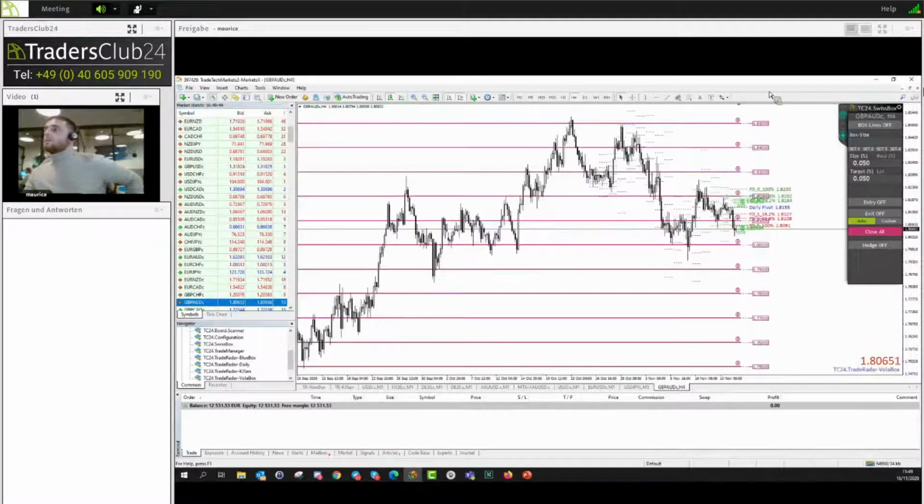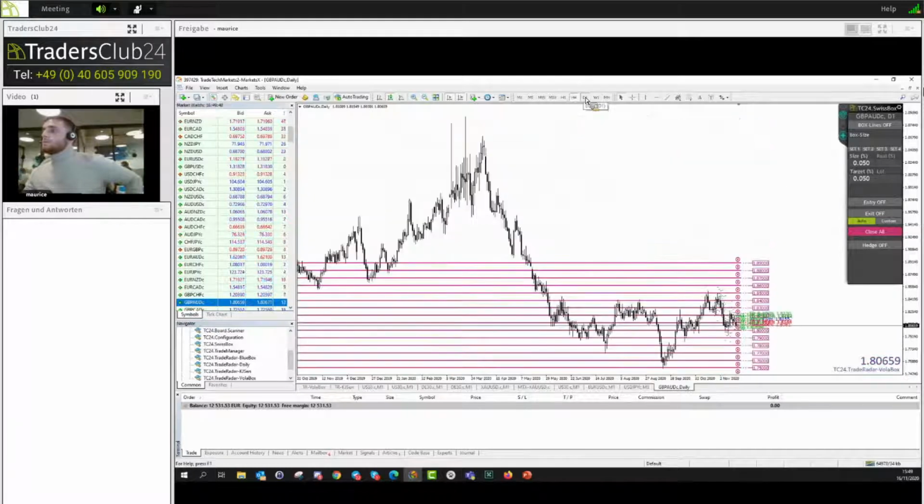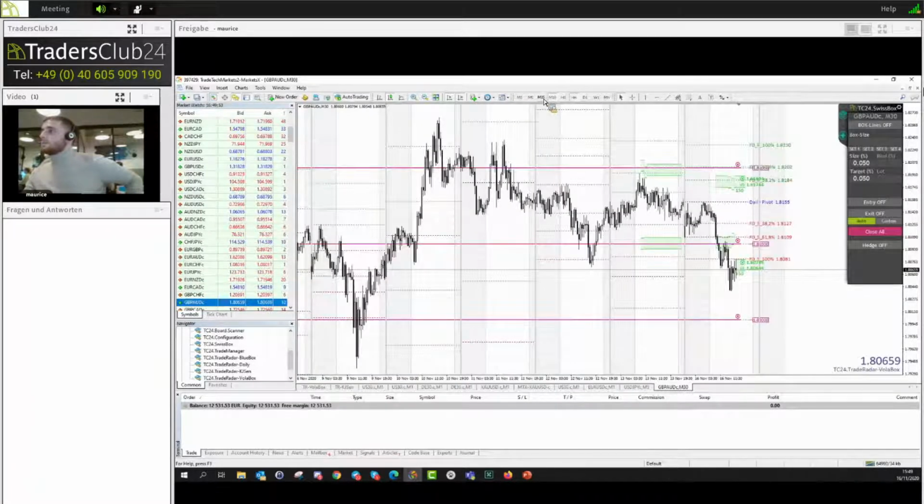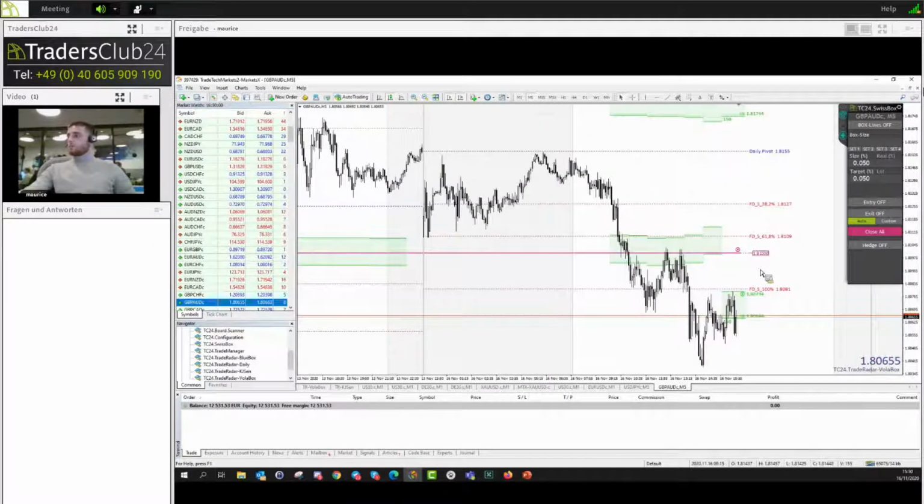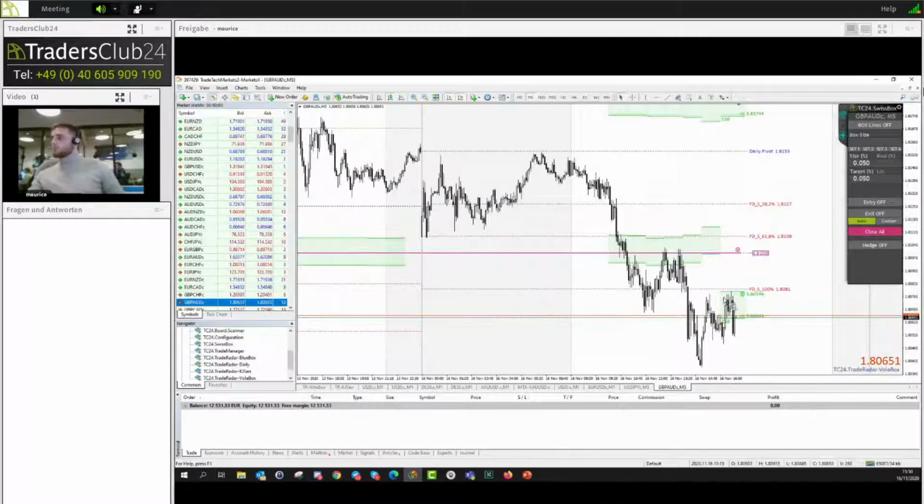Again, we can come out onto the chart and see the general movement direction. See that the overall direction is coming down.